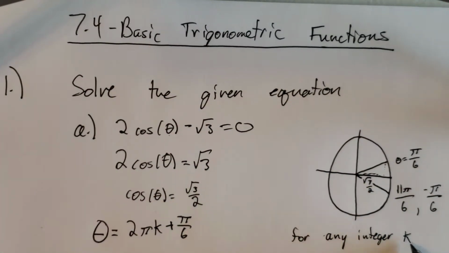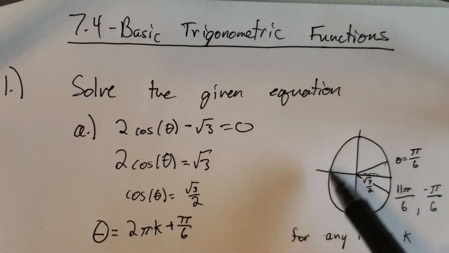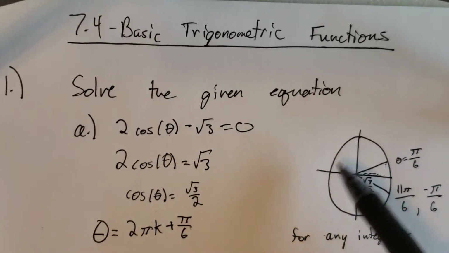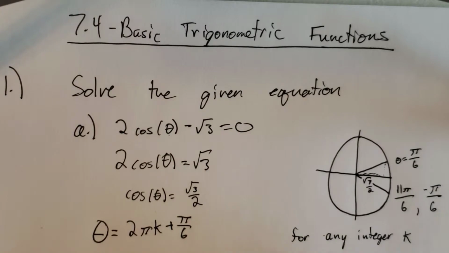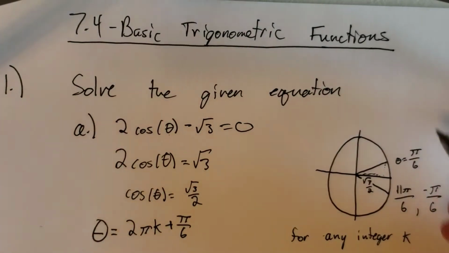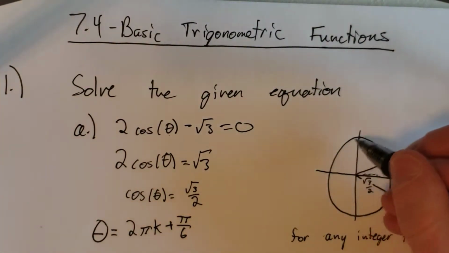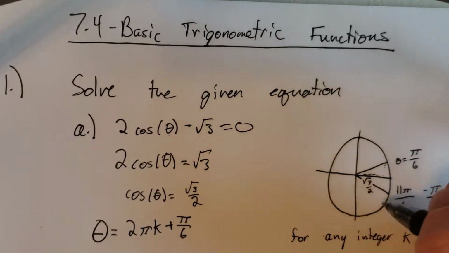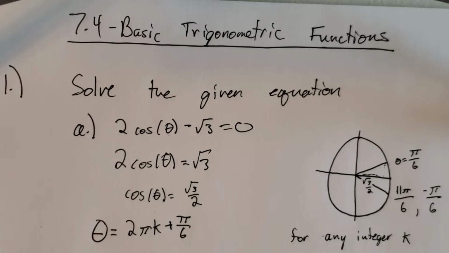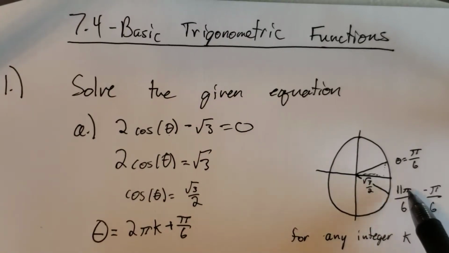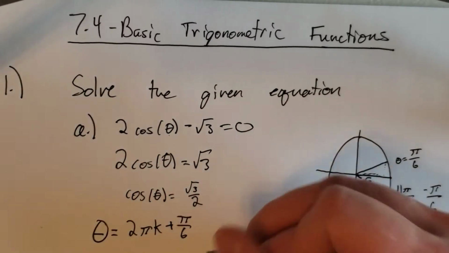And so a positive k value can give us rotations in the positive direction here, which is counterclockwise. And if we have a negative k value, then we can get rotations around this unit circle in the clockwise direction. But either way, this will give us all solutions for pi over 6, but also recall that we had 11 pi over 6 as a possible solution.